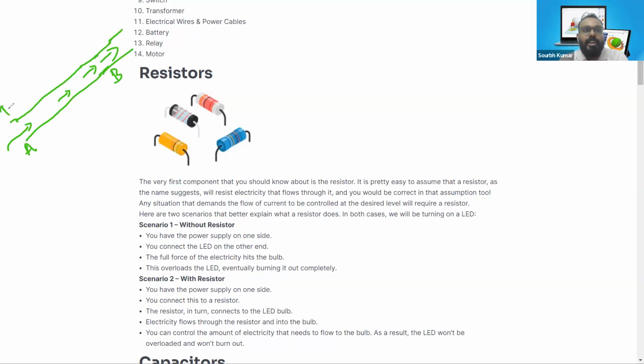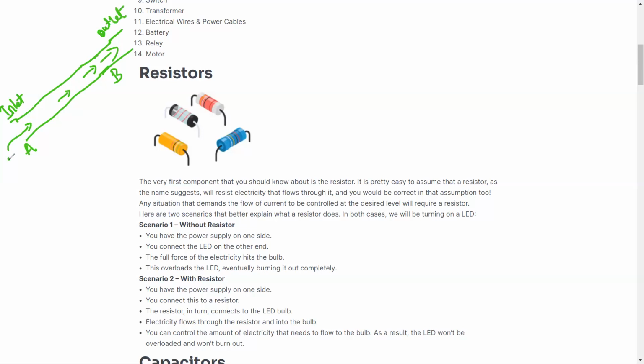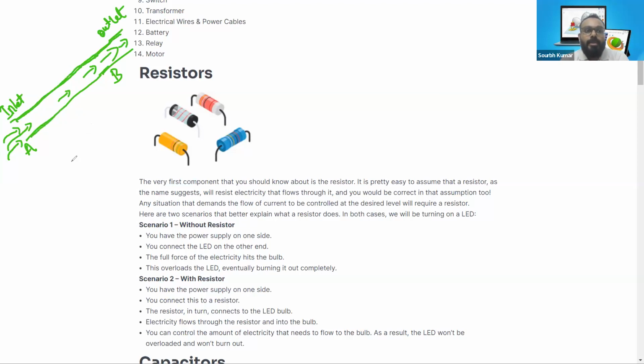This one is the inlet of the pipe and this one is the outlet. So water will flow from point A to point B. In this case the water is flowing smoothly, with no extra burden on the flow of water.